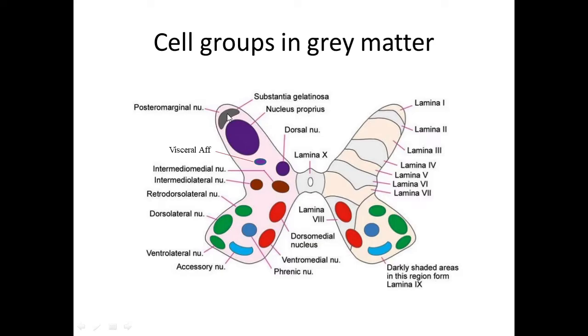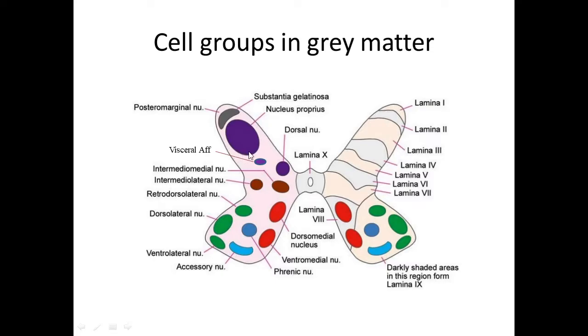Deep to substantia gelatinosa, there is a large oval nucleus, that is the nucleus proprius. This nucleus proprius extends along the entire length of the spinal cord, and this nucleus receives pain and temperature sensation from the lateral division of the dorsal nerve root and touch and pressure sensation from the medial division of the dorsal nerve root.